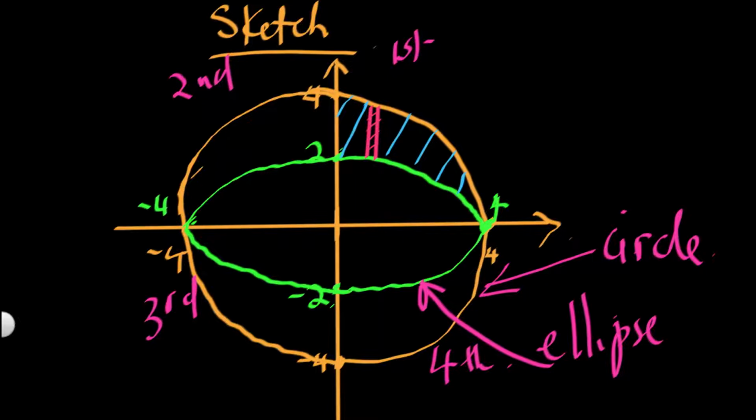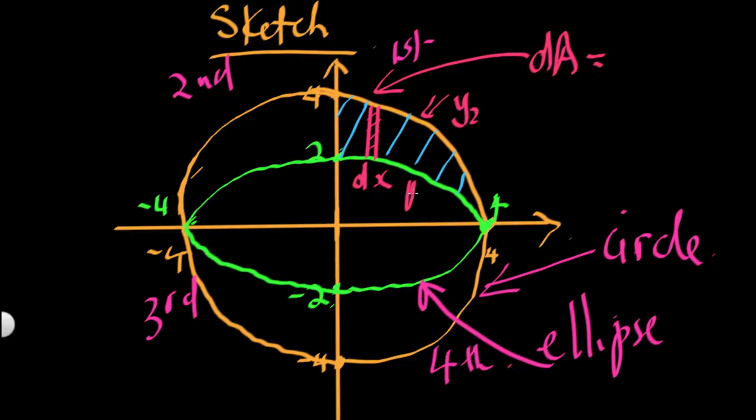If we look at the representative strip, it is a differential element dA. The width of this strip is dx, since it's a vertical strip, and the height of this strip is y2 minus y1. If I call the circle y2 and this one y1, the height is y2 minus y1.